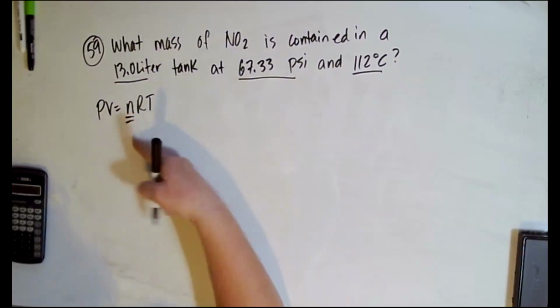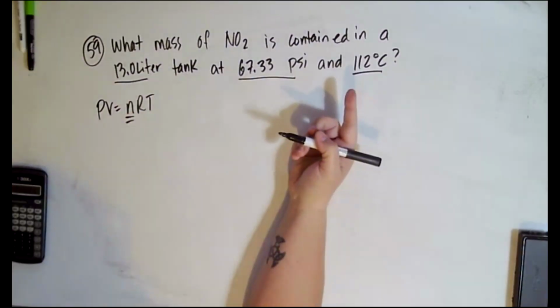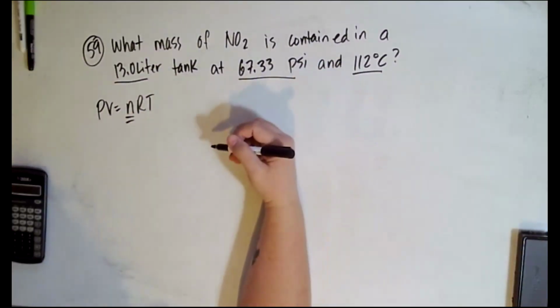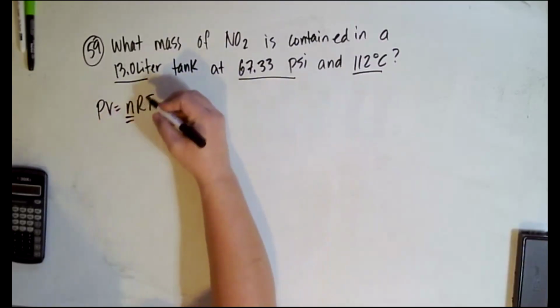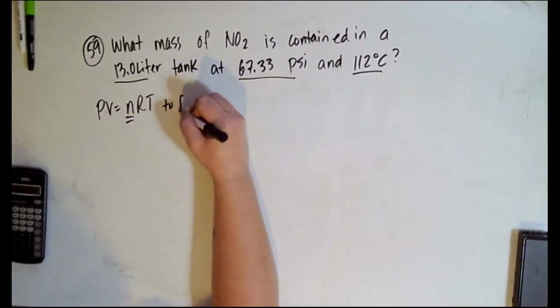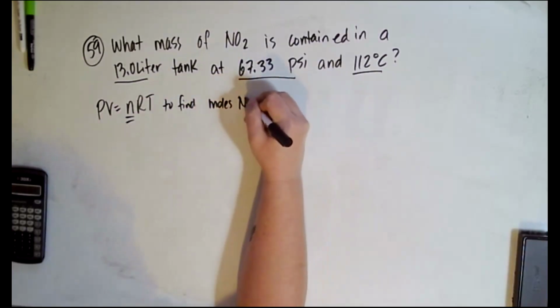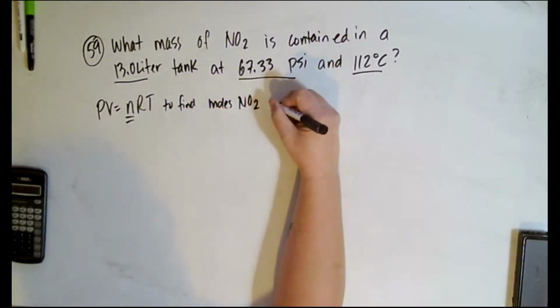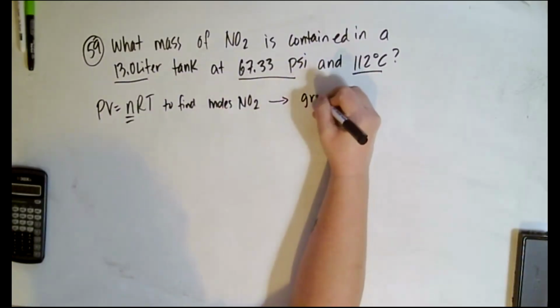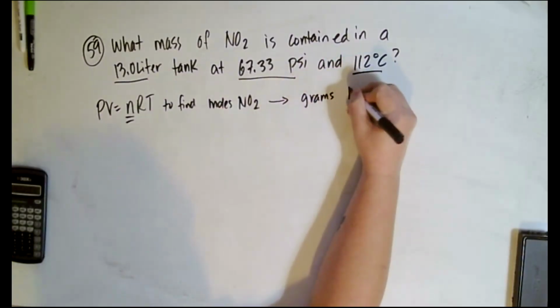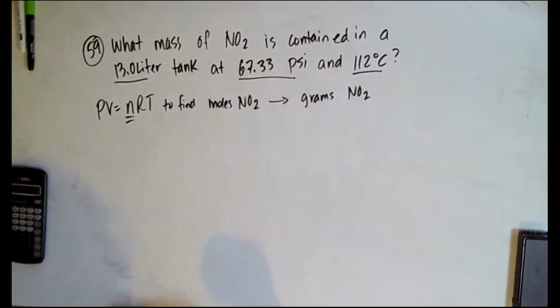Once we have moles, then we can turn it into grams. Okay. So we're going to use our ideal gas law to find moles of NO2. And then we're going to find grams of NO2 using our molar mass of NO2.